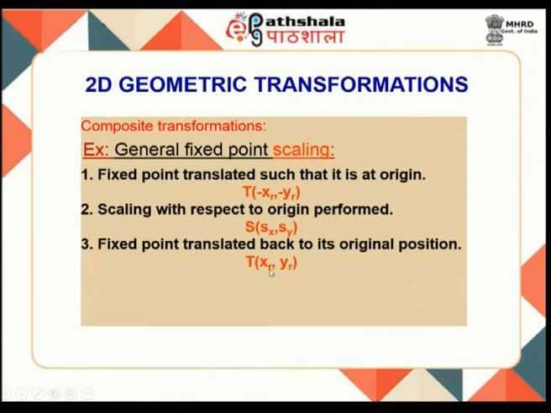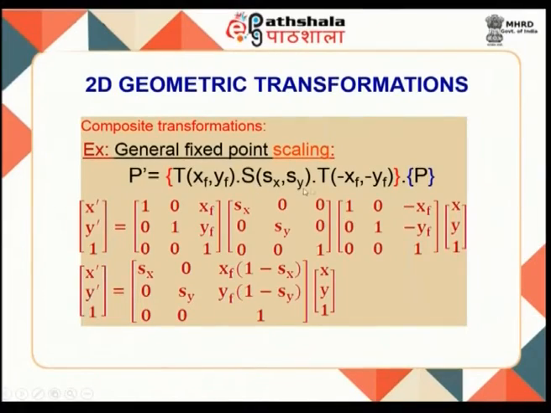So, the final equation for general fixed point scaling is p dashed equals T(xf, yf) multiplied with scaling S(sx, sy) multiplied with translation T(minus xf, minus yf).